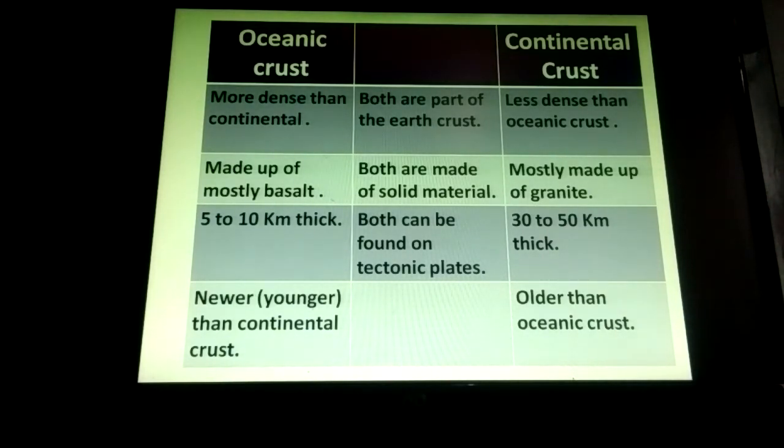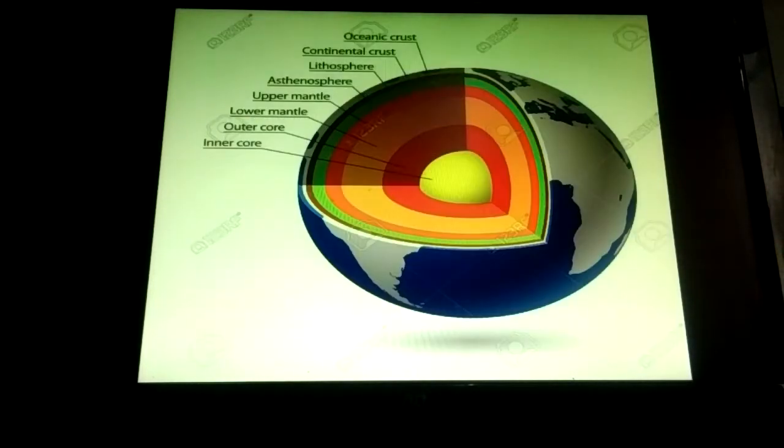Now let us see the next part, the mantle. The mantle is the next layer beneath the crust. The crust is the outermost layer of the earth, and the mantle lies beneath it.